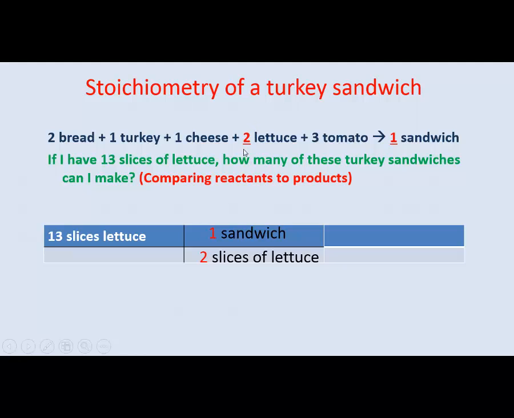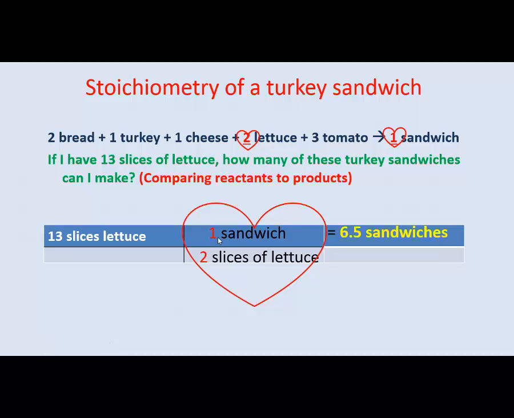So I have a 1-to-2 ratio that I'm using for my stoichiometric ratio. So I look at my coefficients to produce this ratio, which when we deal with moles instead of slices and sandwiches would be a molar ratio. Right now I'm just going to call it a stoichiometric ratio, which is another term we can use for that ratio. So if I take 13 divided by 2 and multiply by 1, we find we can make 6.5 sandwiches in this case.